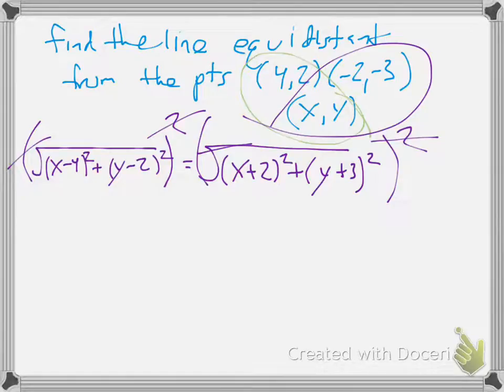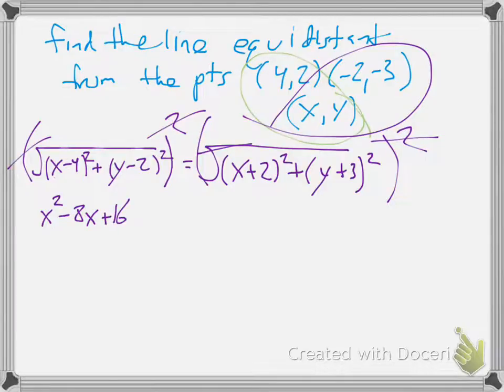Okay. Now, what does x minus 4 squared become? It should become x squared minus 8x, because x times 4 times 2, plus 16.